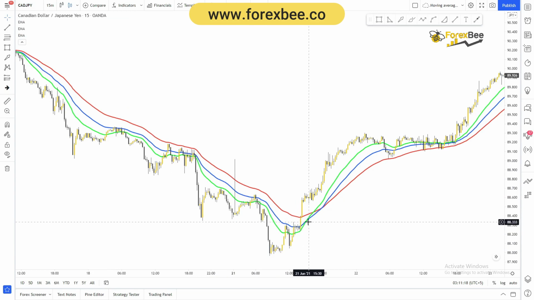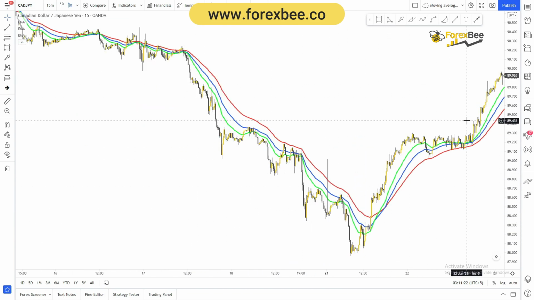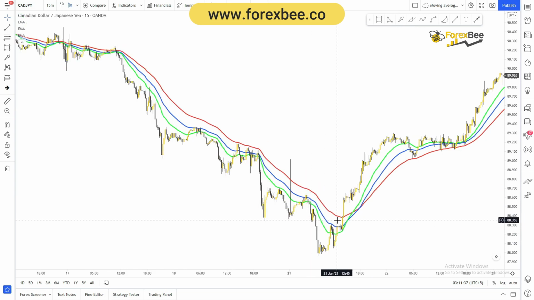But as soon as the crossover happened, the bearish trend got converted into a bullish trend, because the smaller time frame moving average has come to the top and the larger time frame moving average has gone to the bottom. Another indication of trend reversal is the candlestick crossing the larger time frame, or the 62 time frame, moving average.